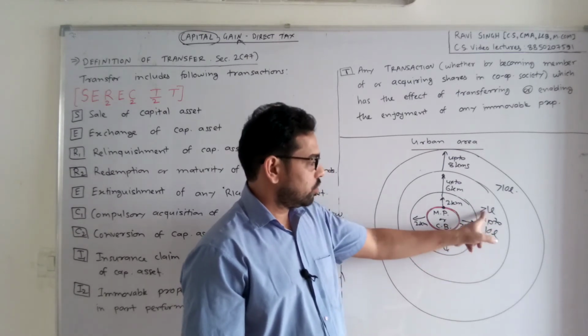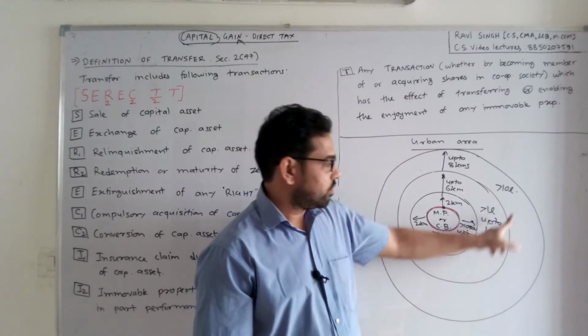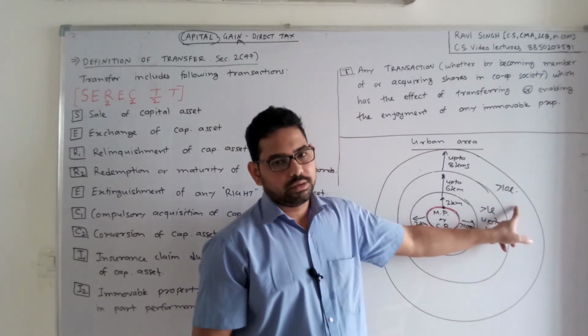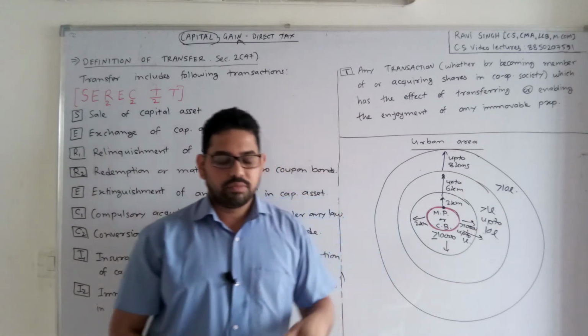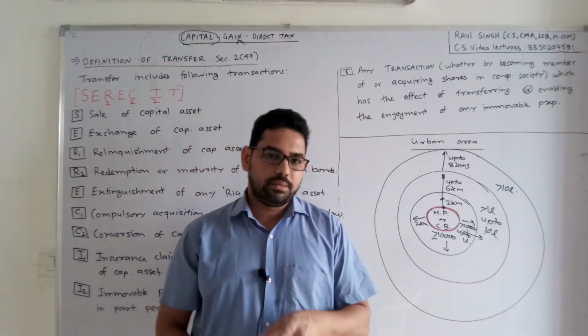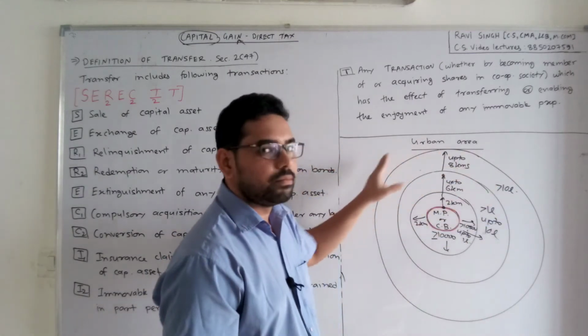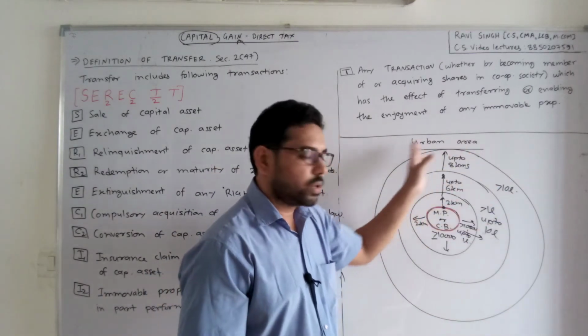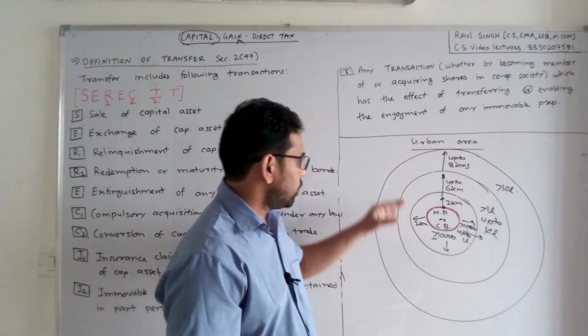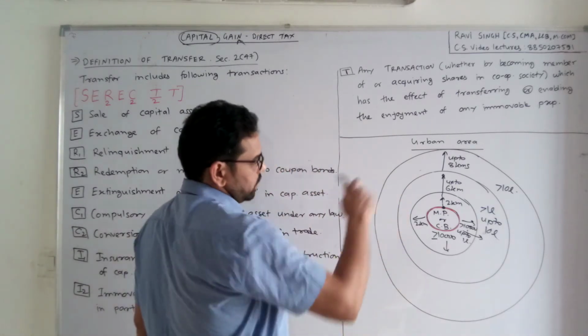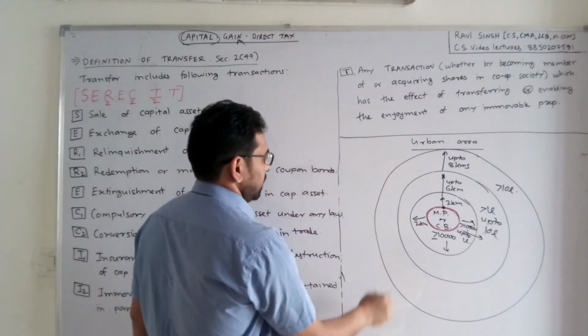Then next one, more than 1 lakh up to 10 lakhs, and for the next one, more than 10 lakhs. So this is the definition or meaning of urban area. So this is urban area in full. So whatever is not in urban area, this is rural area.